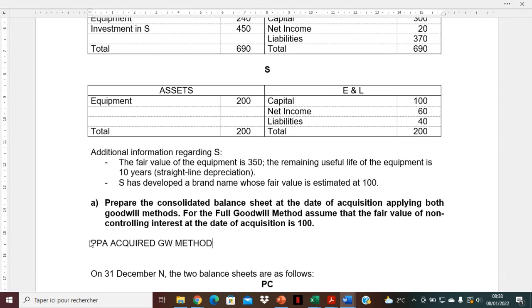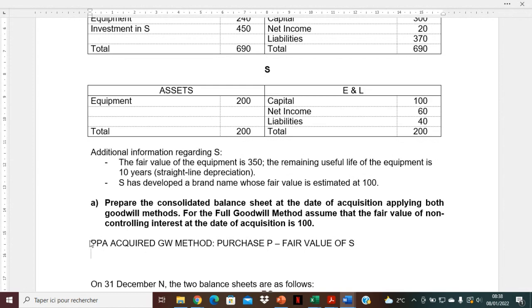Okay, how do we do this? Well, we need to compare, as we said, the purchase price on the one hand minus the fair value of S. Okay, and the difference here would be the acquired goodwill. So the purchase price is 450. And the fair value of S, well, we do the same calculations as before.